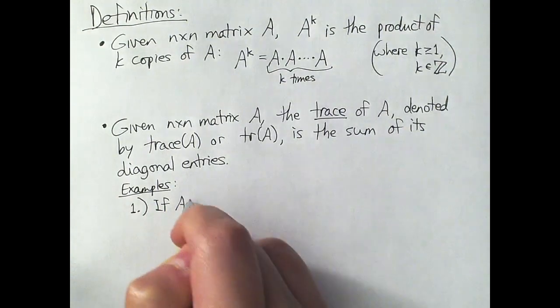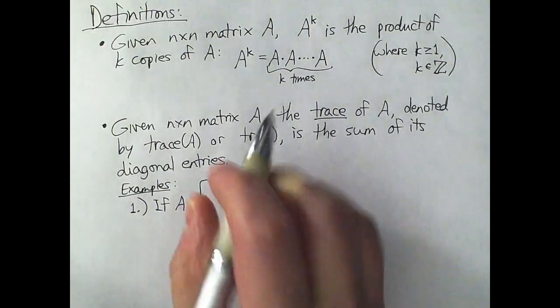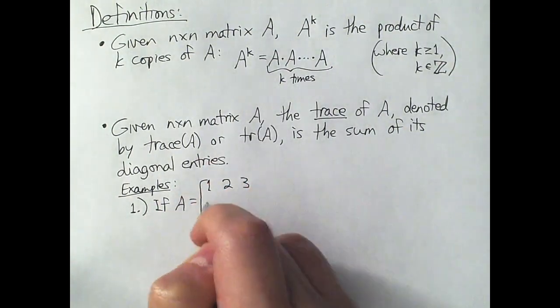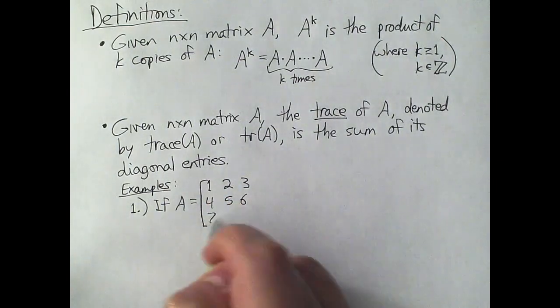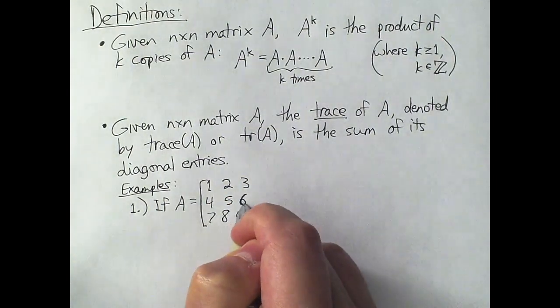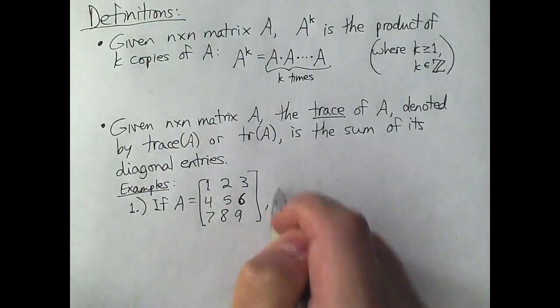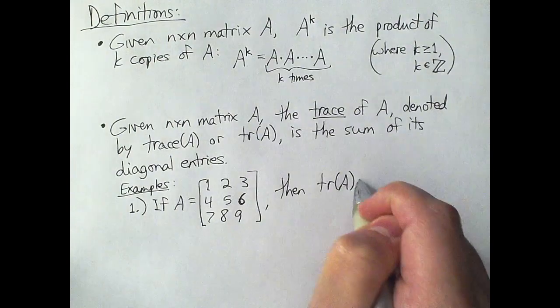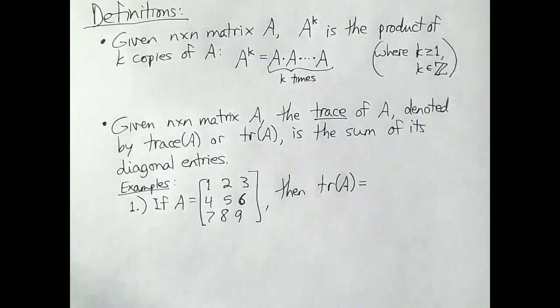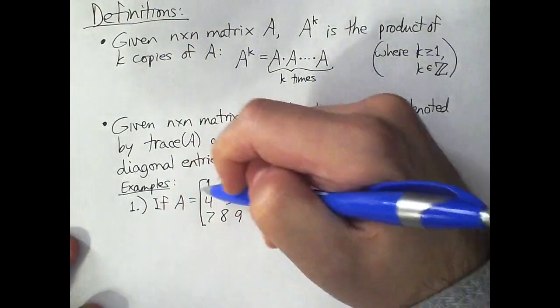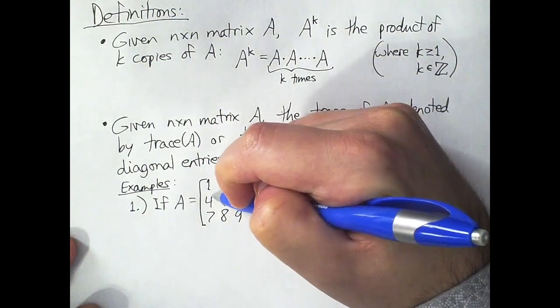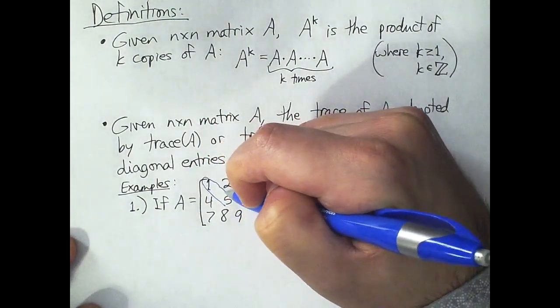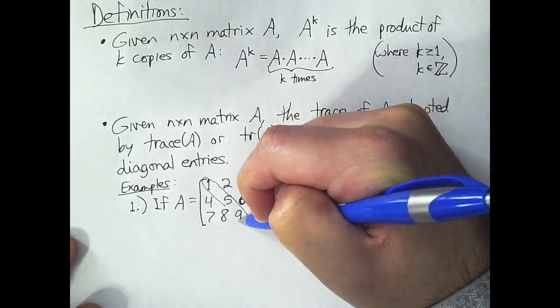Let's say A were equal to this 3 by 3 matrix, 1, 2, 3, 4, 5, 6, 7, 8, 9. Then the trace of A. So what do you think? It's supposed to be the sum of its diagonal entries. What do the diagonal entries mean? Remember, earlier we said that the diagonal entries are things like A11, A22, A33.